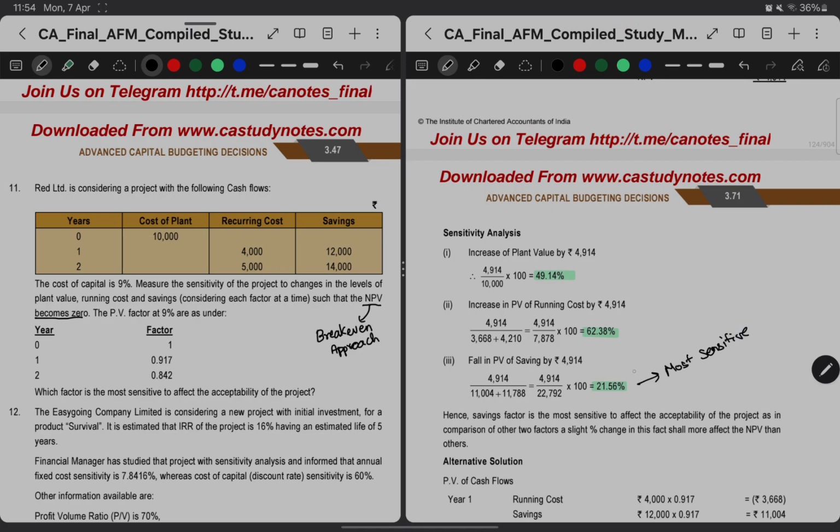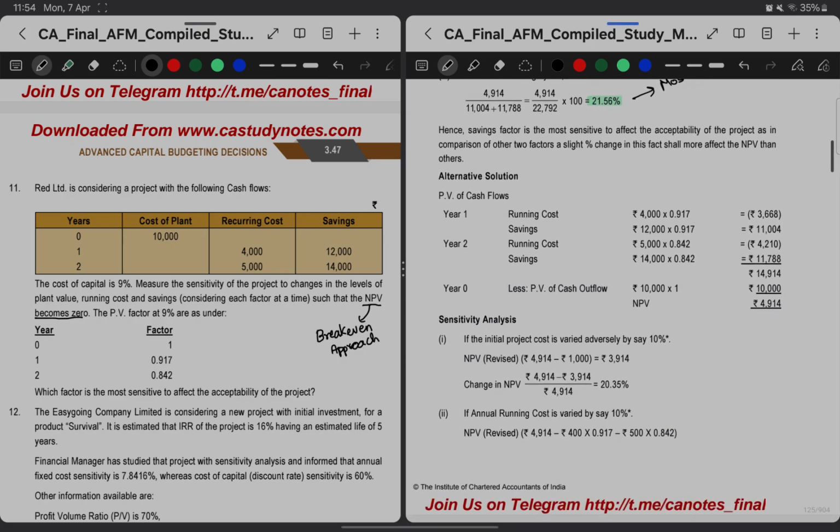Just by a 21% reduction in savings, the NPV can become 0 and our project will become non-acceptable. So we consider the least percentage, and the project is more sensitive towards savings compared to running cost and plant value.